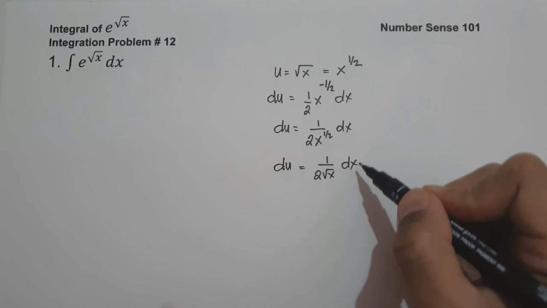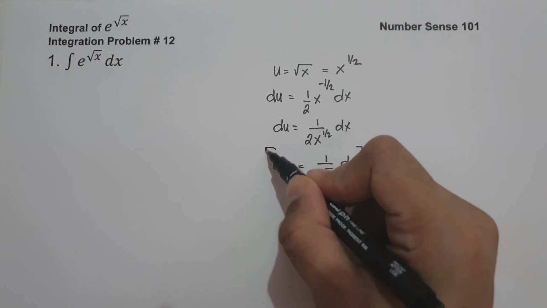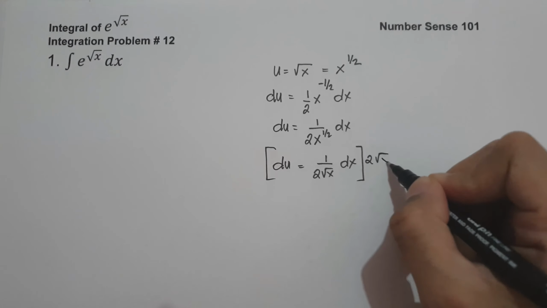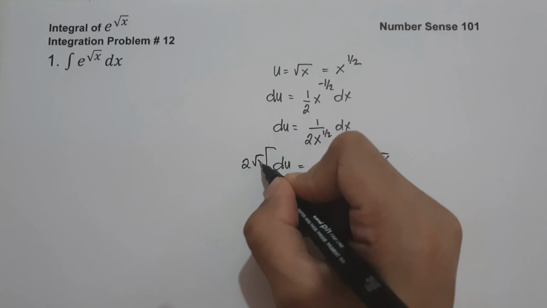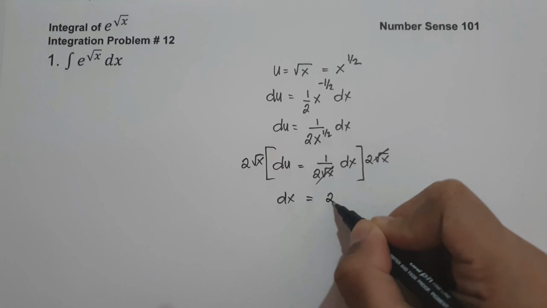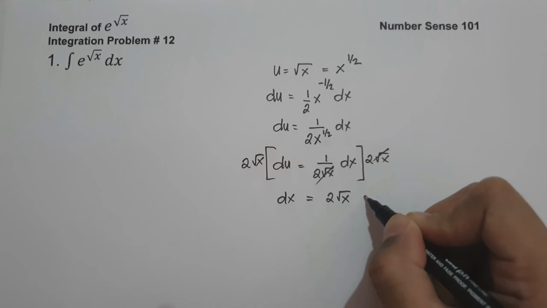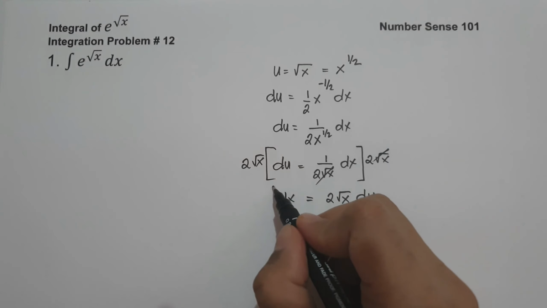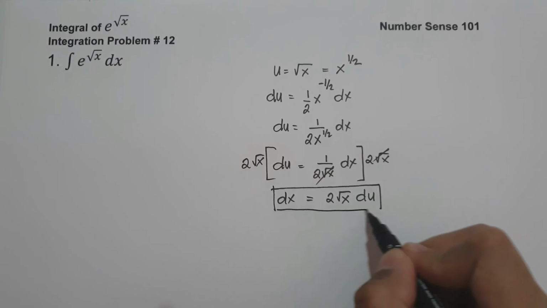And to find the value of dx, let us multiply both sides by 2 square root of x. So let us cancel this one. So dx is equal to 2 square root of x du. So this will be the value of dx.